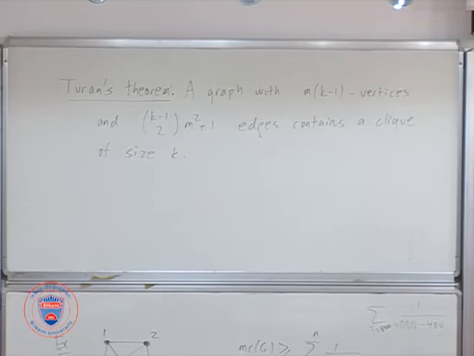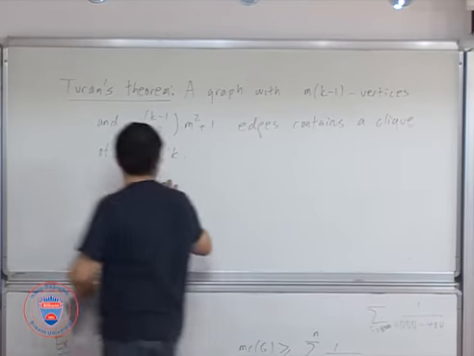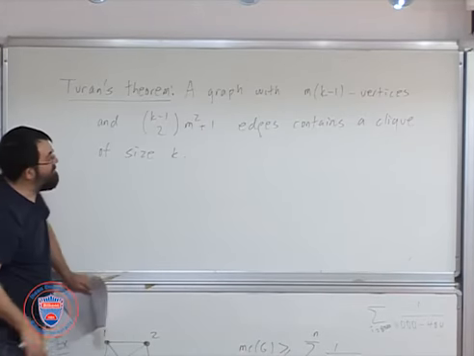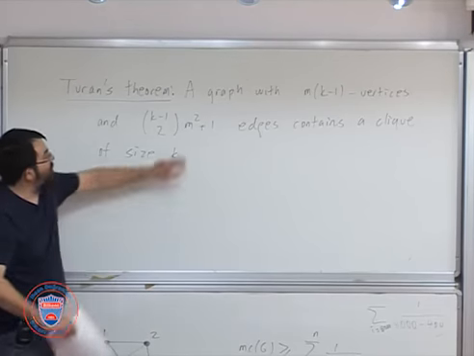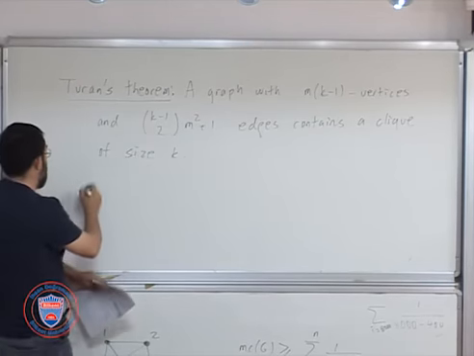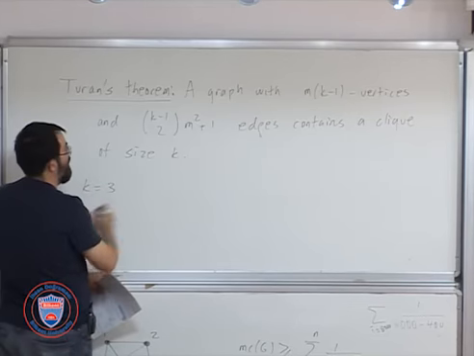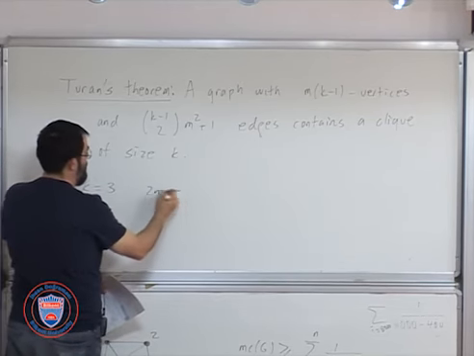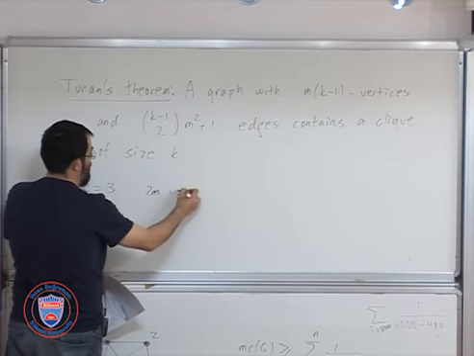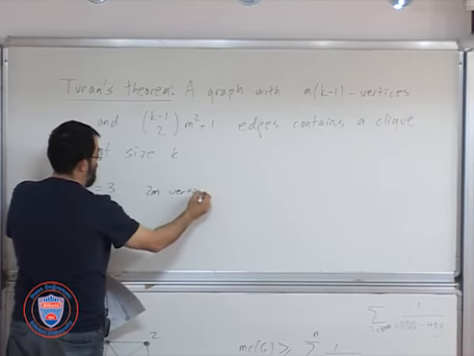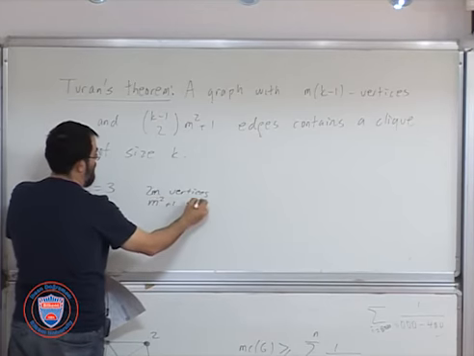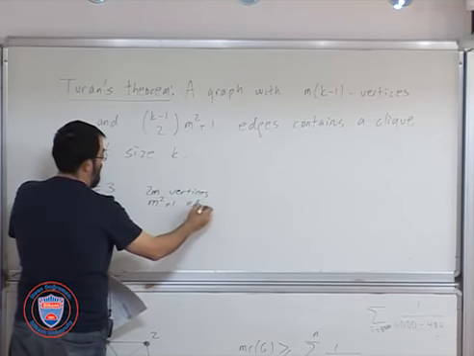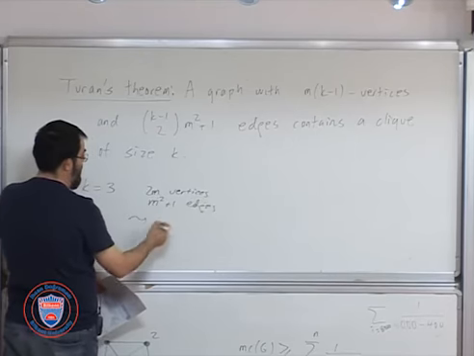But this is a generalization of the triangle result we had, right? When k is 3, we had 2m vertices and m squared plus 1 edges. So k equals 3 says 2m vertices and m squared plus 1 edges guarantees that you have a triangle.